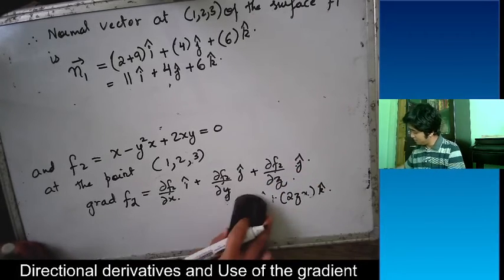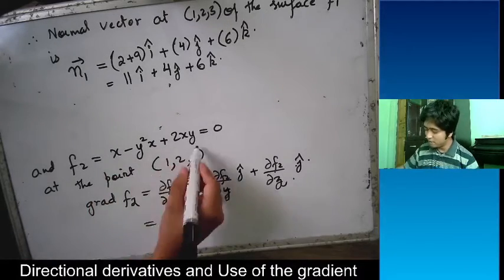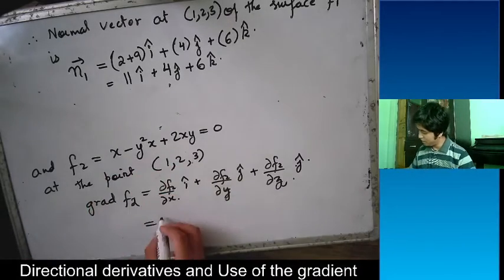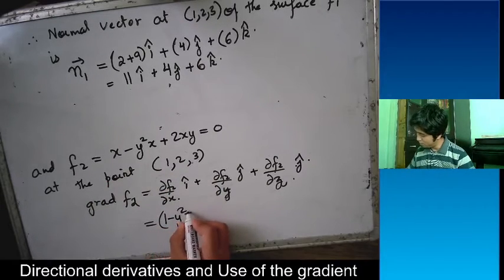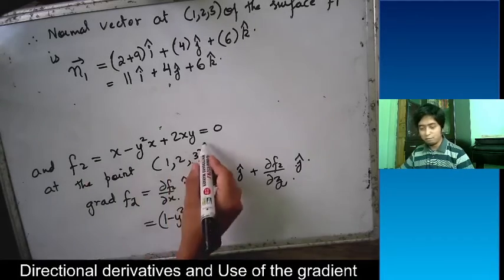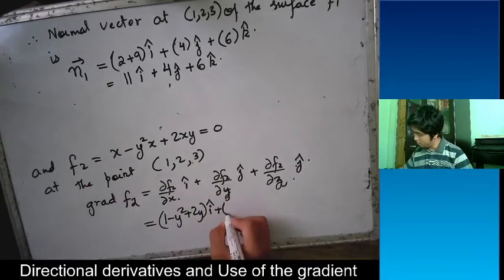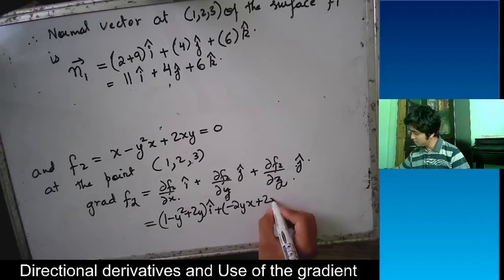Okay, so let's find it. How much is it equal to? Differentiate this one with respect to x, you will be having 1 minus y squared plus 2y. Differentiate it with respect to y, you will be having 0 minus 2yx plus 2x.